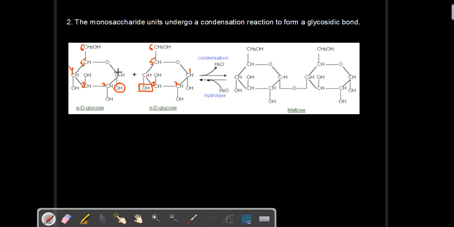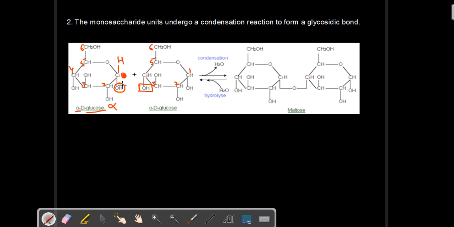It has been written to the side, but to make it more clear, we can write it here, right? You can write it to the top. So when the hydroxyl group attached to carbon position number 1 is oriented to the lower side, we call that particular monosaccharide an alpha monosaccharide. In this case, the monosaccharide is glucose, so we call this an alpha glucose.